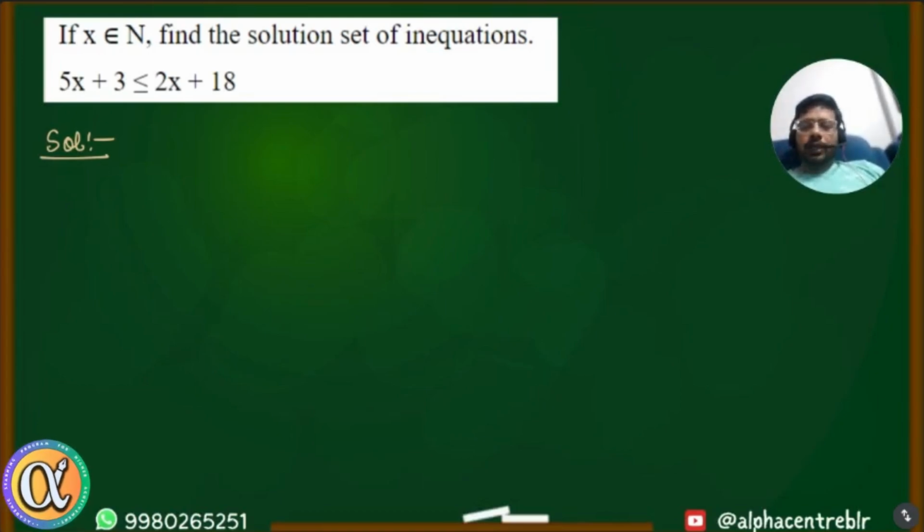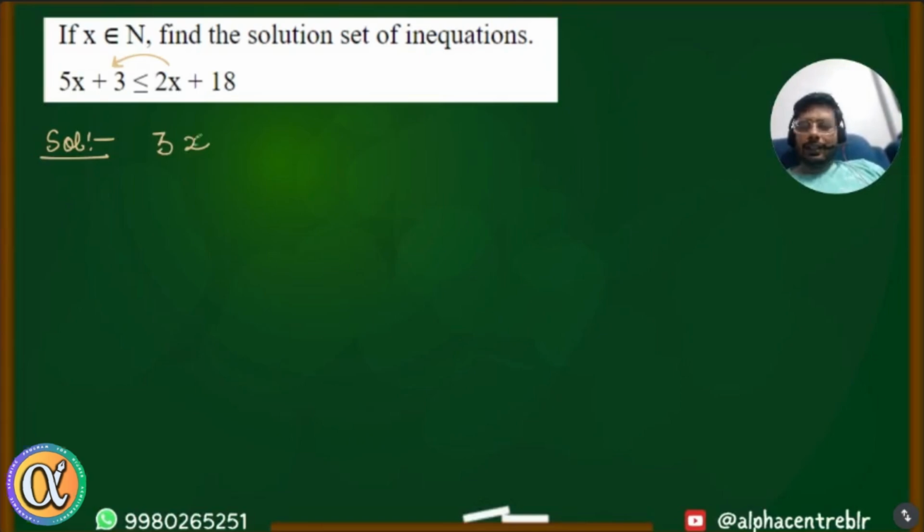If x belongs to N, find the solution set of the inequation 5x + 3 is less than or equal to 2x + 18. I got x is less than or equal to 5. Okay, that's fine.